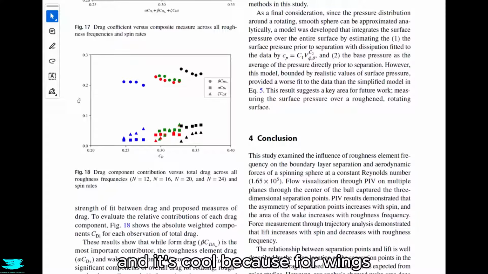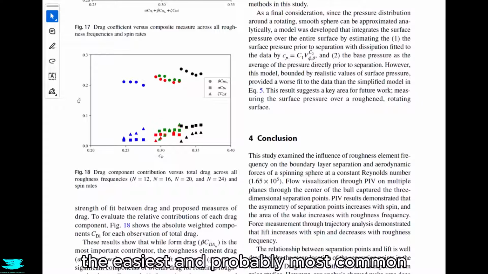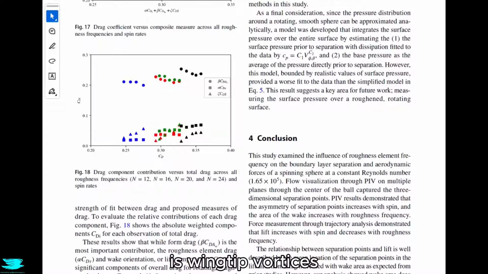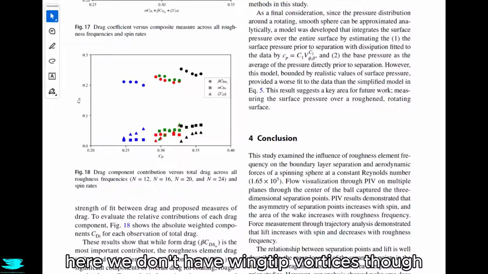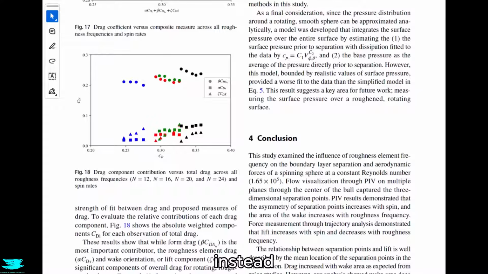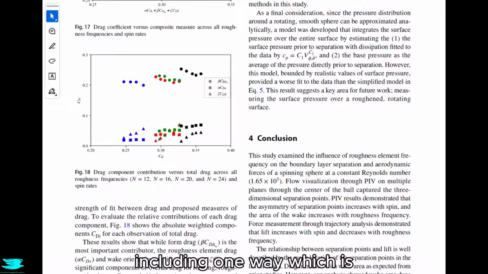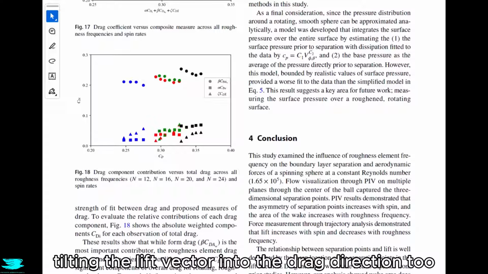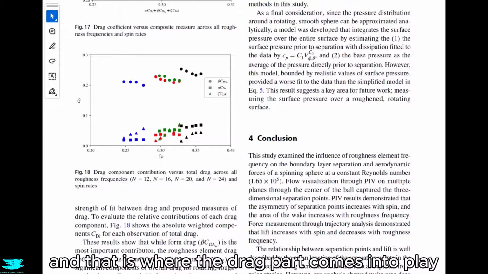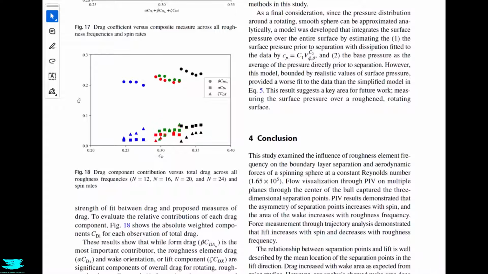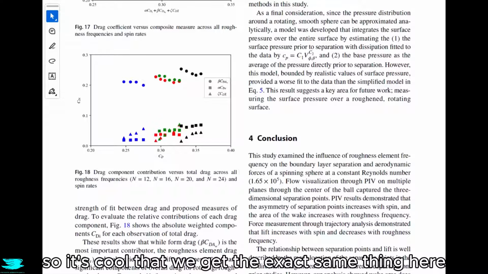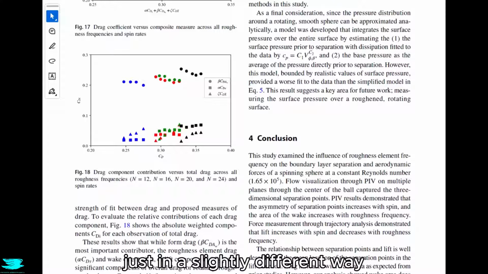And it's cool because for wings, the easiest and probably most common way of thinking about induced drag is wingtip vortices. Here we don't have vortices though. Instead, induced drag can also be explained in several ways, including one way which is tilting the lift vector into the drag direction too. And that is where the drag part comes into play. So it's cool that we get the exact same thing here, just in a slightly different way.